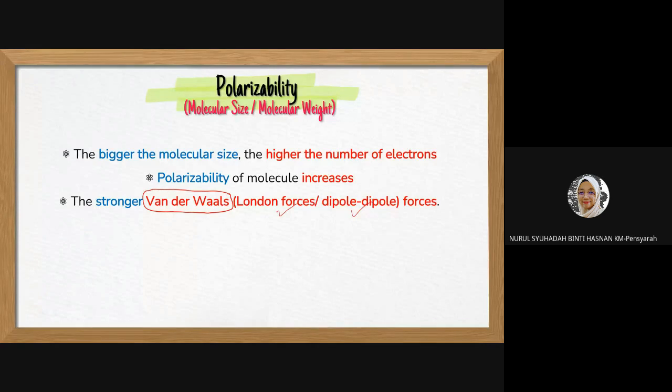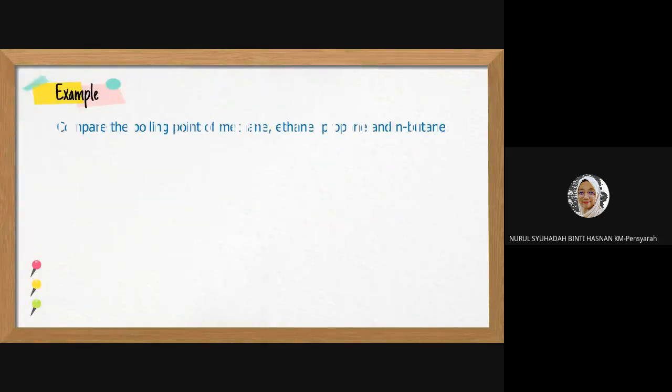Okay, so for an example untuk molecular size, factors affecting yang pertama, molecular size dekat sini. Okay, compare the boiling point of methane, ethane, propane and N-butane. Okay, kalau nampak N dekat sini, yang ni maksudnya adalah normal butane. Okay, normal butane maksudnya dia punya susunan just straight chain macam ni.